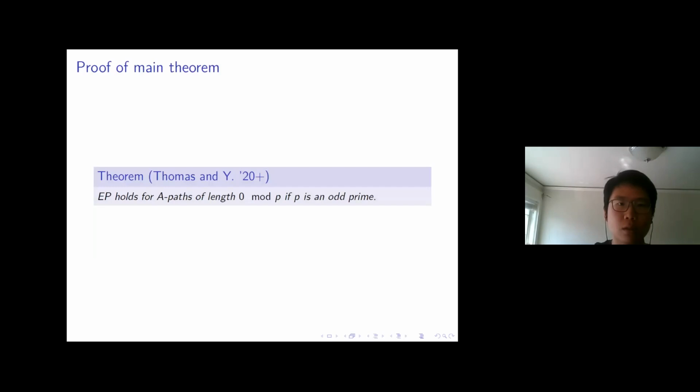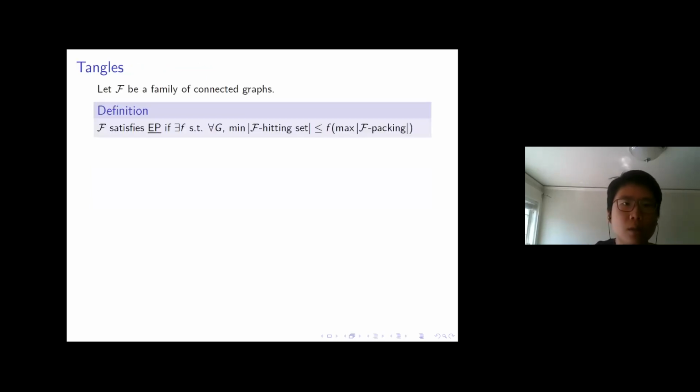Okay, so let's move on to the proof of this main theorem. So the proof goes through some structure theory, especially coming from the graph minors project. So the main tool that's used in this proof is tangles.